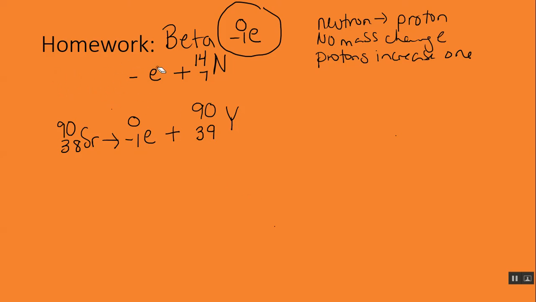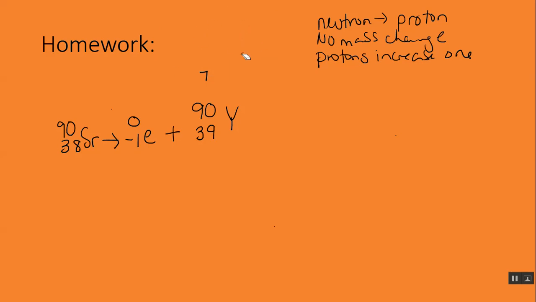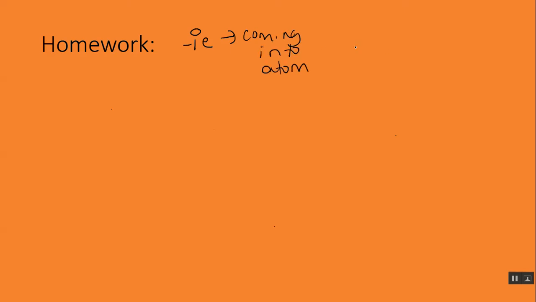So let's look at the next section, which is electron capture. Now remember, in electron capture, that electron is coming from outside of the nucleus. It could be coming from the electron cloud. So we've got an electron coming in to the atom, and that means what?